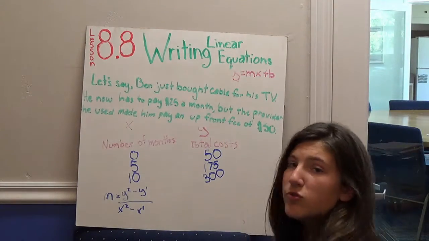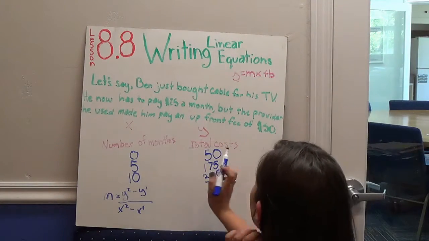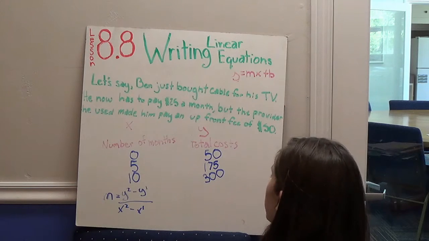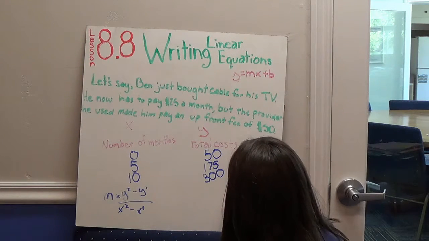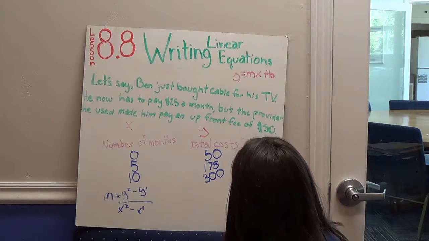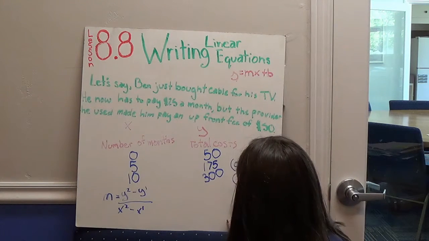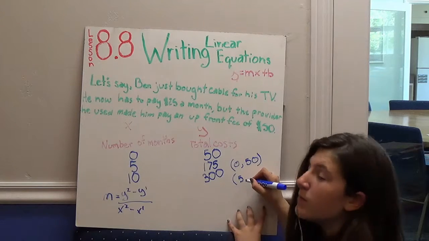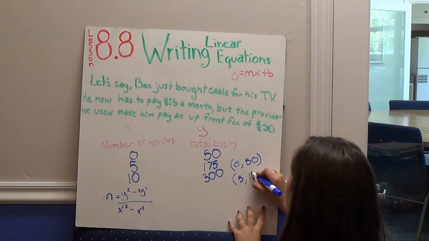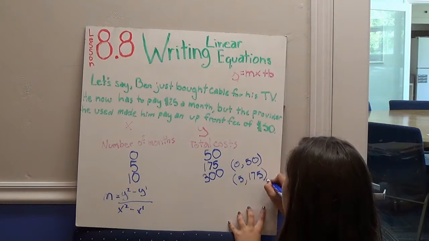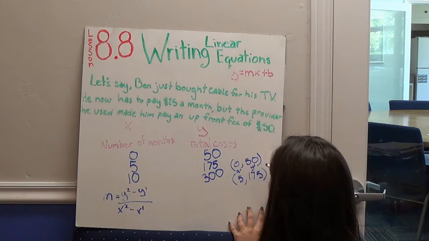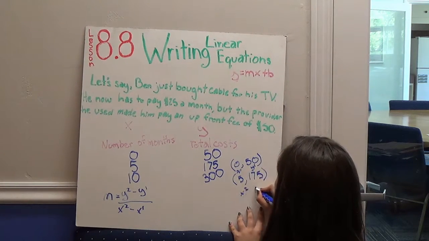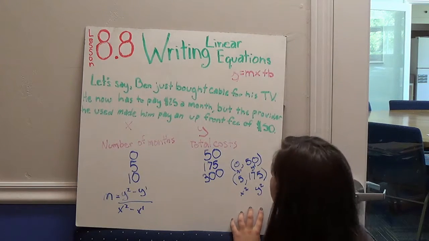But I'm going to choose to use 0 and 50 and 5 and 175. So this is going to be x1, this is going to be y1, x2, y2.